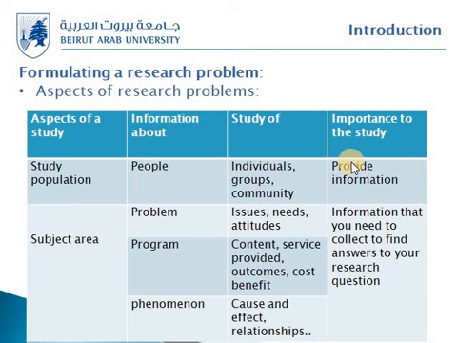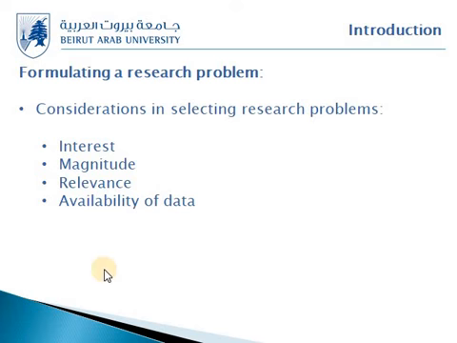So people will provide the information, and then you get the information that you need to collect to find answers to your research questions. When selecting a research problem or topic, there are a number of considerations to keep in mind, which will help you to ensure that your study will be manageable.